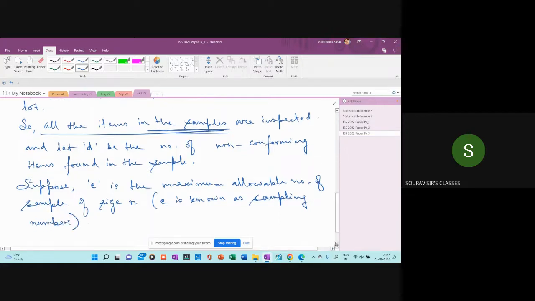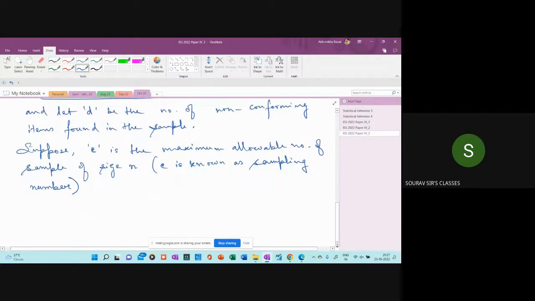Okay. Now we are coming to the actual procedure. This is the description.